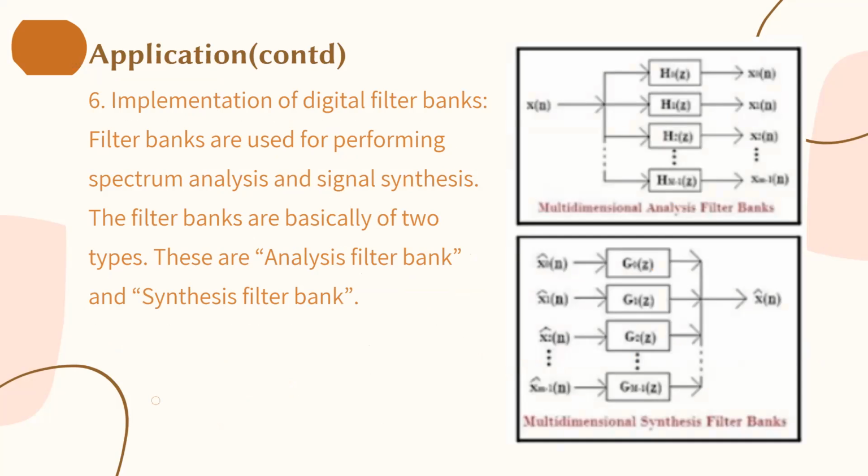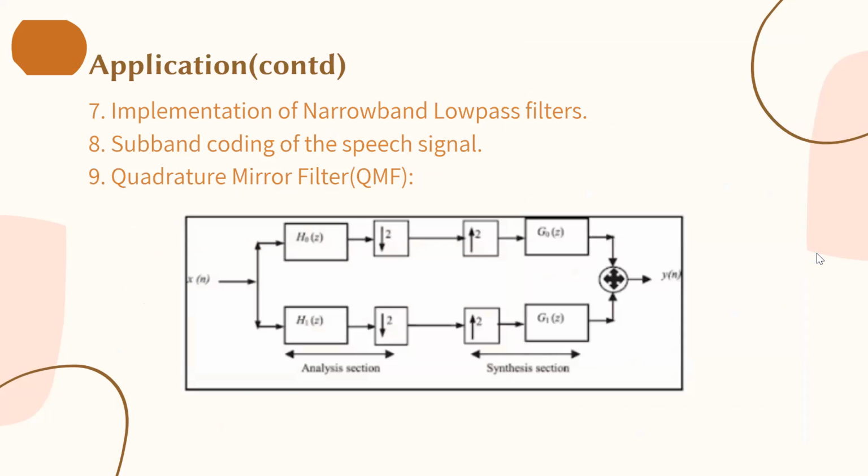Next, filter banks are used for analysis and synthesis of signals. So here also we have application of downsampling and upsampling. Next slide. Next application is in the implementation of narrowband low-pass filters, and another application is subband coding of speech signals.